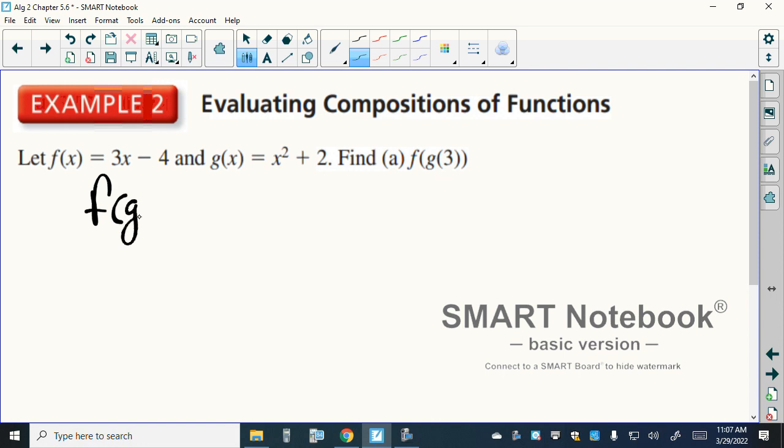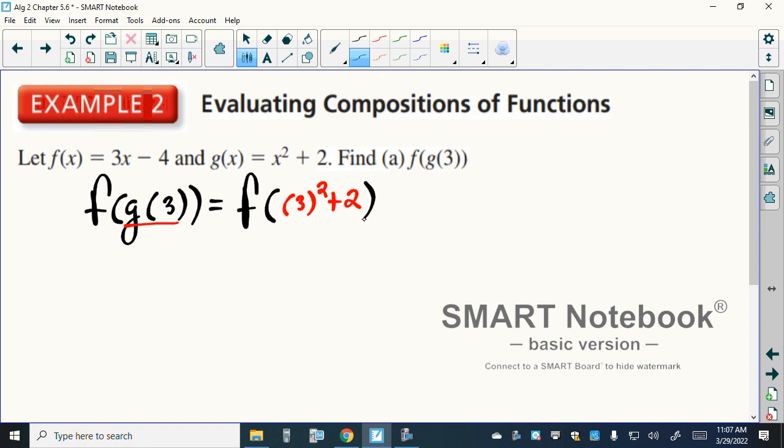F of g of 3. Well, the farthest inside is g of 3. So we're going to plug 3 into g of x, which is going to give us f of 3 squared plus 2. So all I did was plug 3 into g of x.